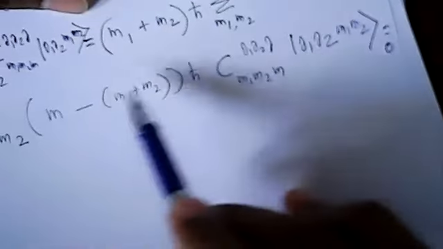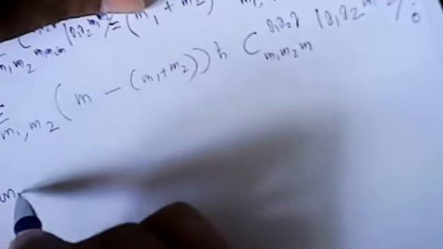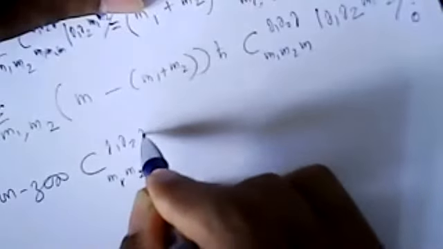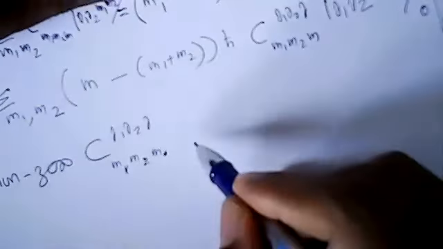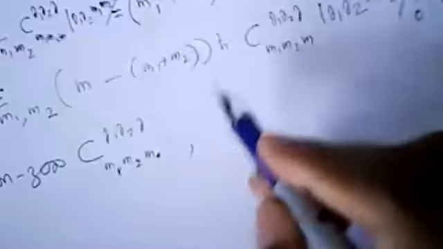So for the equation to be true, the only condition is that for non-zero C, M1, M2, M, J1, J2, J, that is for a non-zero Clebsch-Gordan coefficient, what is the condition? This quantity should be 0.